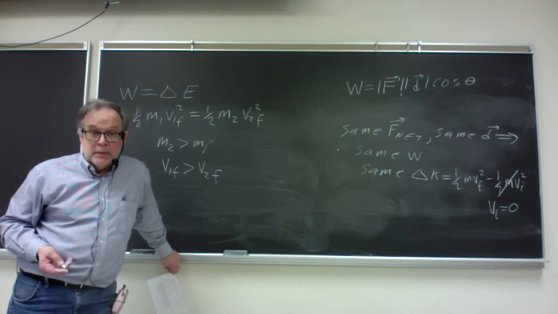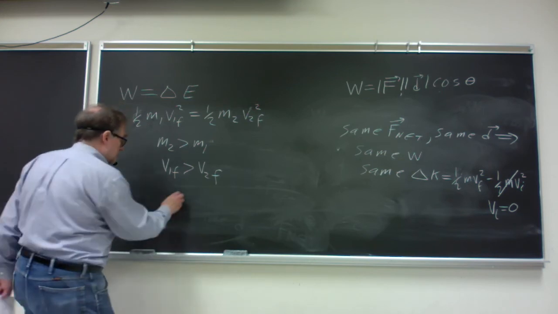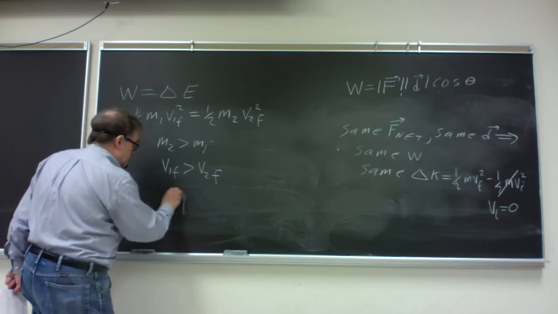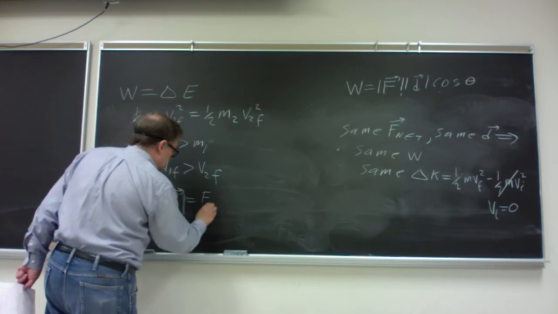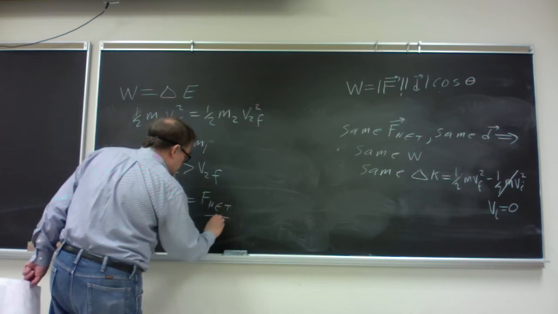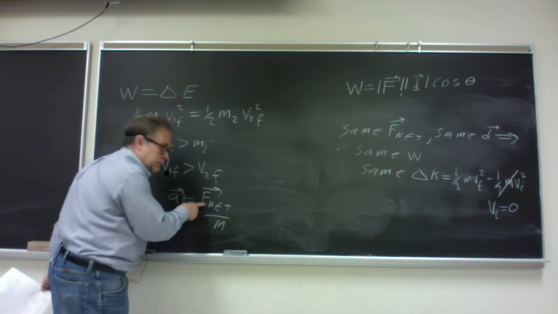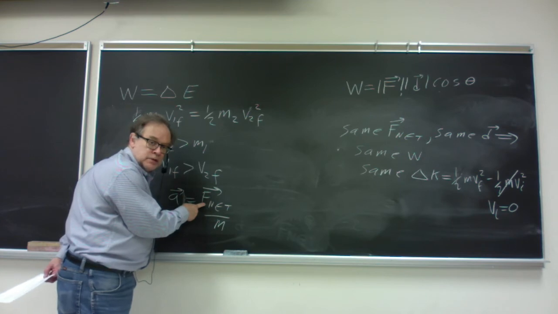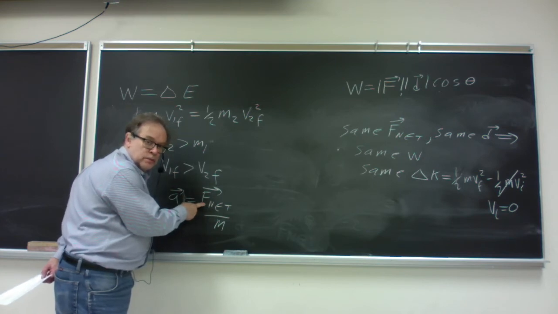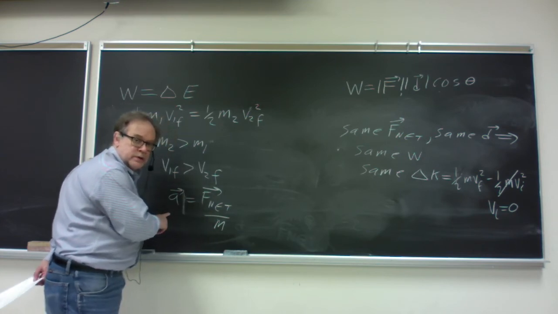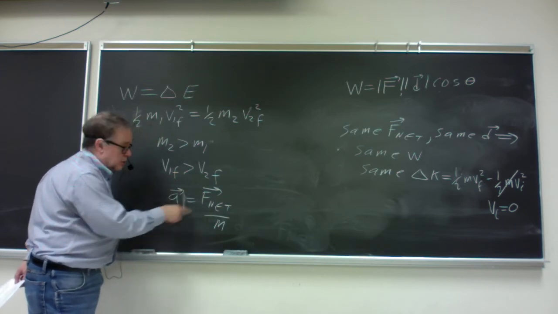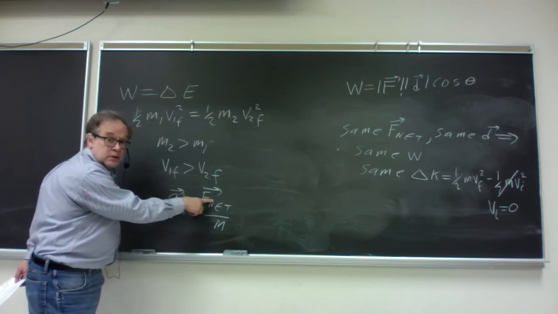If we were thinking just about Newton's second law, acceleration equals net force divided by mass. They both feel the same net force. So when we're comparing 1's acceleration to 2's acceleration, this factor is the same.